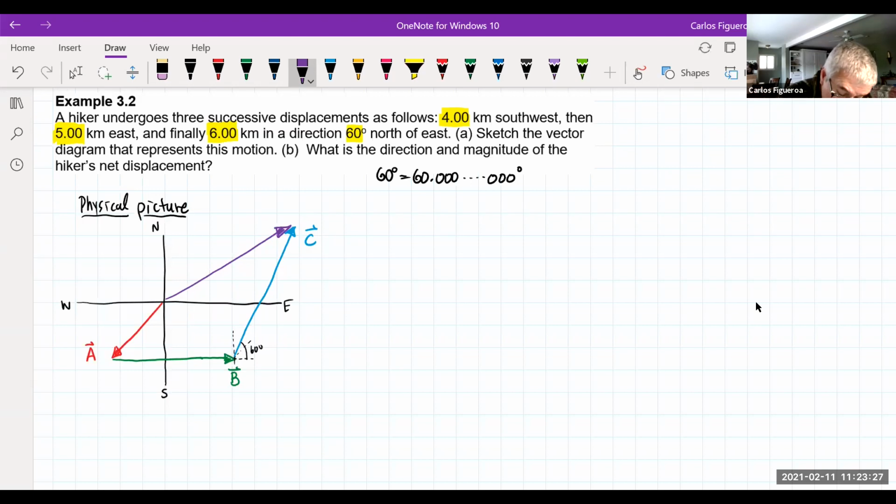And this is going to be A plus B plus C, which I'll continue to call D. So my whole goal is to calculate the magnitude of D and the angle of D. But like I said before, this is not a good picture. What we want is the mathematical picture.